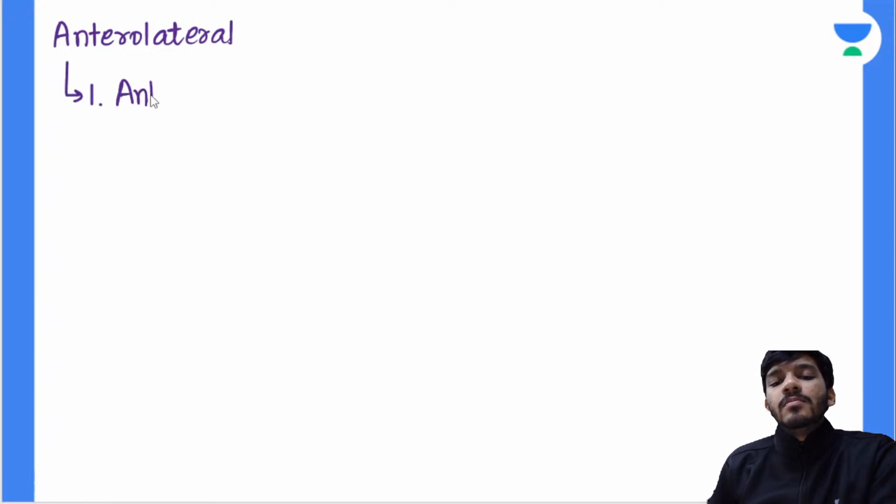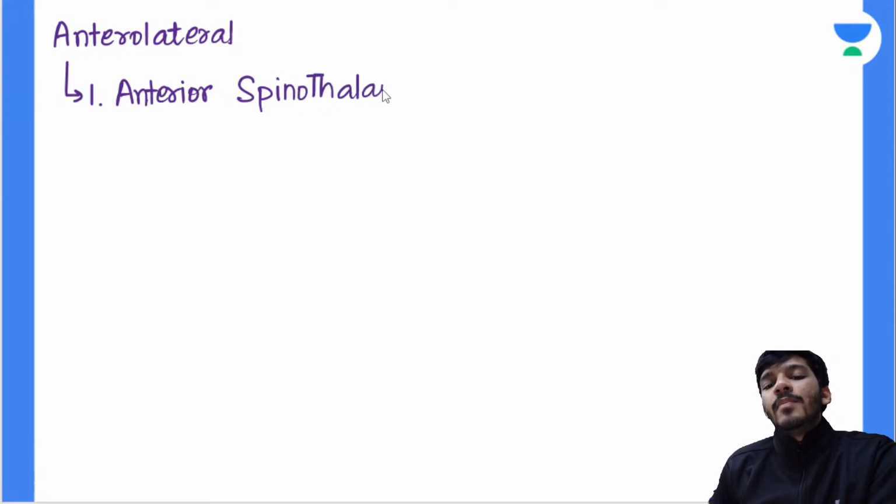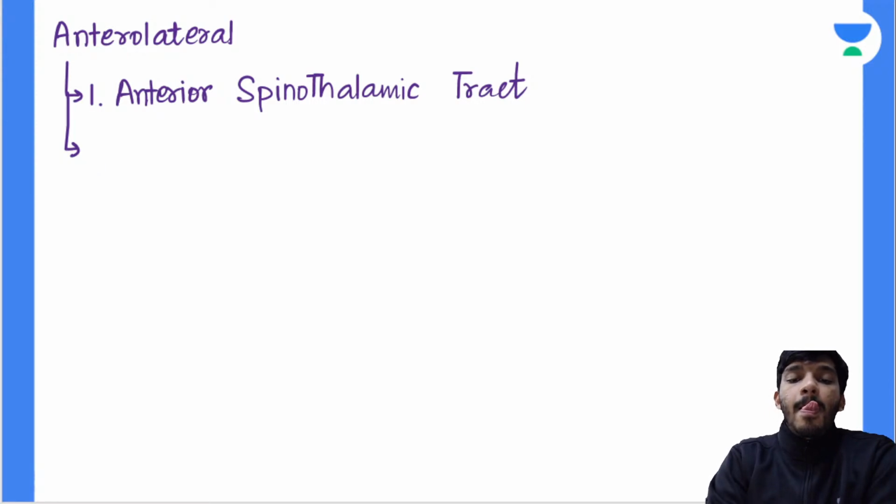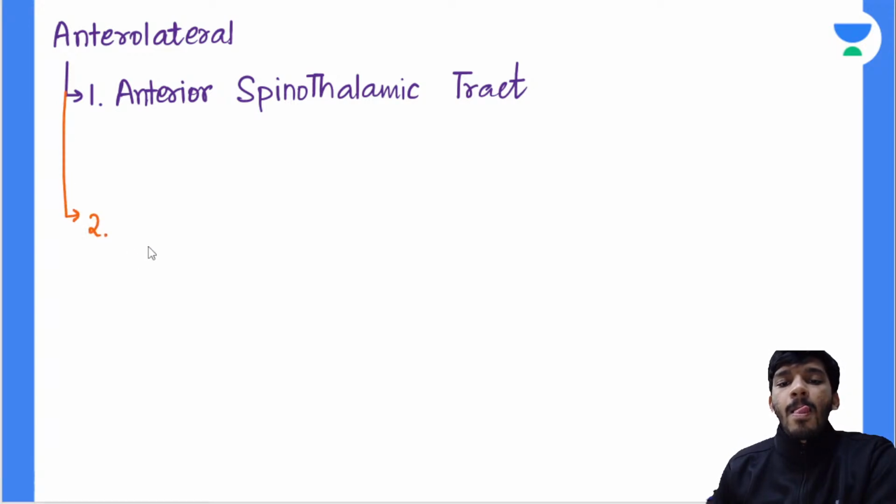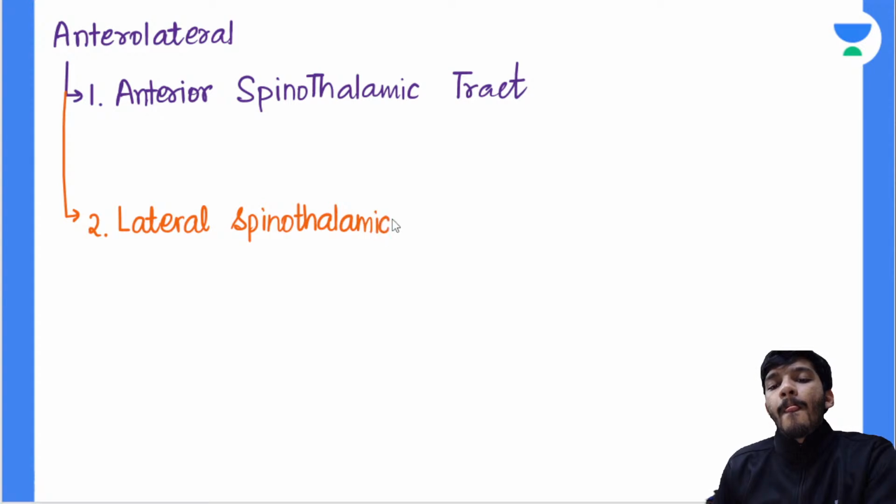One is called the anterior spinothalamic tract and the other is called the lateral spinothalamic tract.